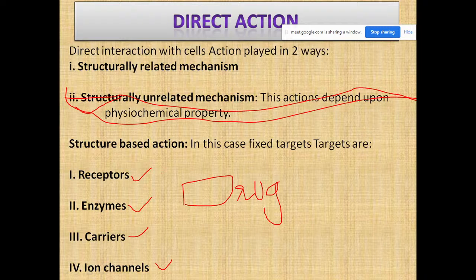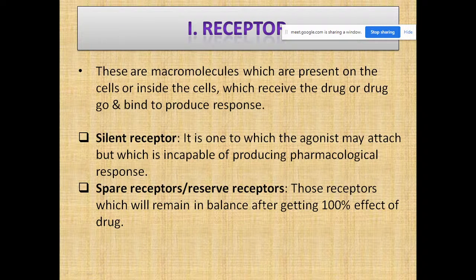Now let us see what is the receptor. Now receptors, it's a part of the cell, it's a component of the cell, it's a macromolecule which is present on the cell, inside the cell. That means on the external surface of the cell, inside the cell means in the internal surface of the cell, or many receptors are also distributed through the cell membrane.